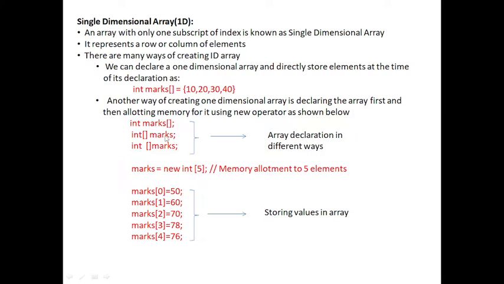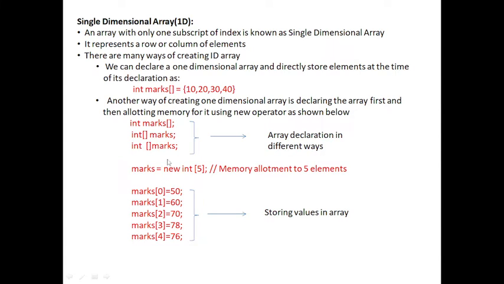It means we are telling the compiler that in our program we are using an array. The name of that array is marks. It is of type integer, which means it is going to store only integer values. That is the declaration, the first step.